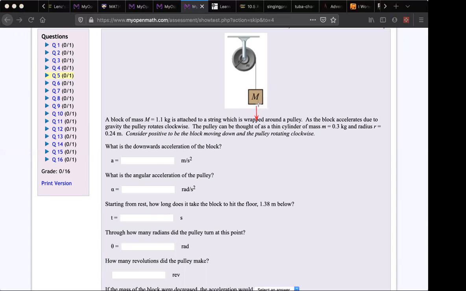It has to accelerate this mass, but it also has to angularly accelerate this pulley, because this pulley has mass and a radius, and it takes energy to get that thing rotating. So part of this force has to do the rotation. This mass is not going to accelerate like it would have before. We're going to split the force up between rotating the pulley and accelerating the mass down here.